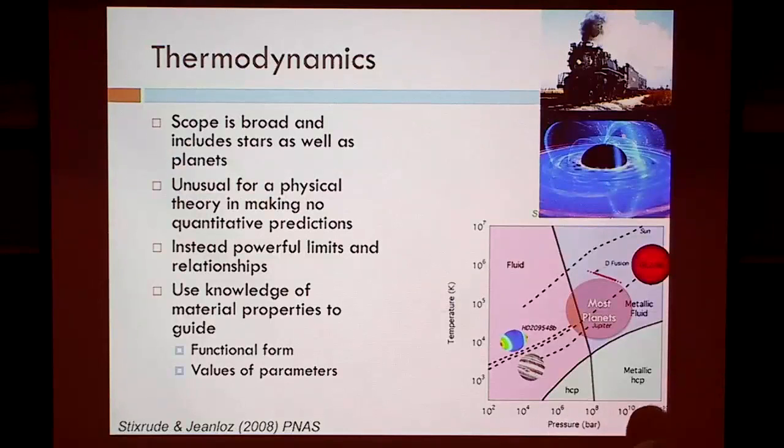So just by way of introduction, thermodynamics, starting from the very biggest picture, the nice thing about thermodynamics is that its scope is so broad. You can apply it to the entire Earth's interior and the Earth's surface as well, much of the Earth's surface. You can apply it to other planets as well. You can even apply it to stars. It's been applied to black holes.